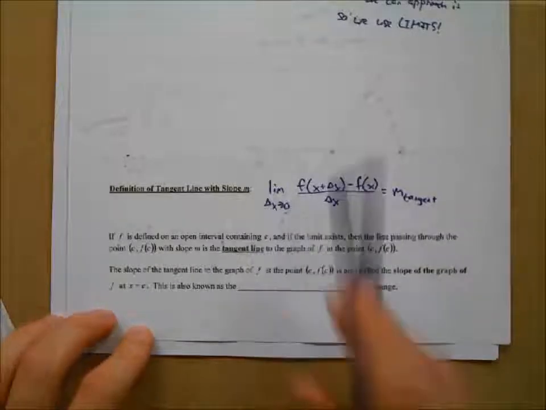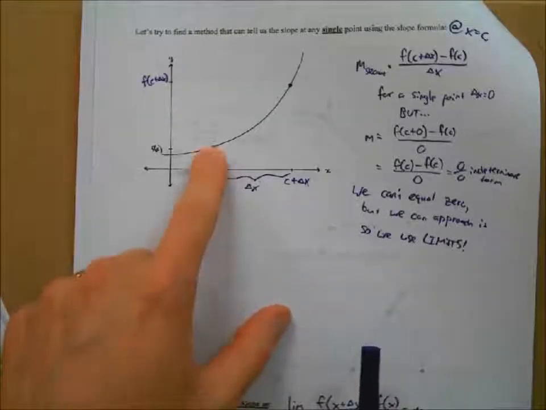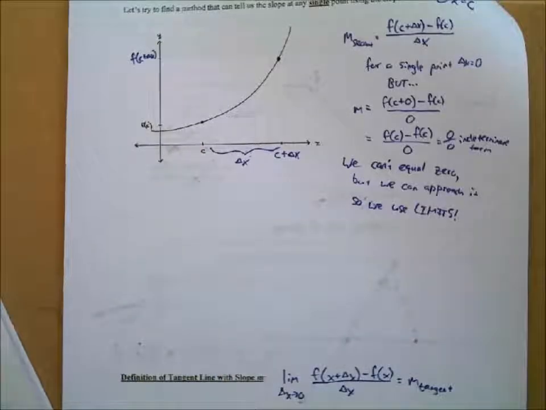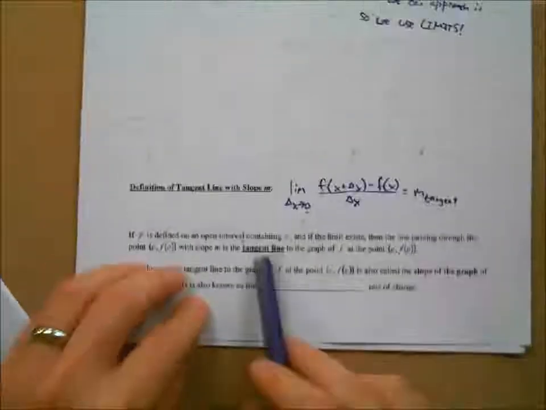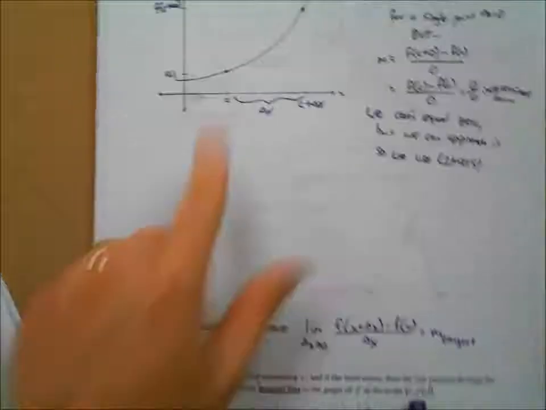Okay, so the slope that we get from this combined with the single point here, c, f of c, you write the equation of a line using the slope that we get from this and this point right here, and then you come up with that tangent line that's tangent to the graph of f at that point, c, f of c. Okay?